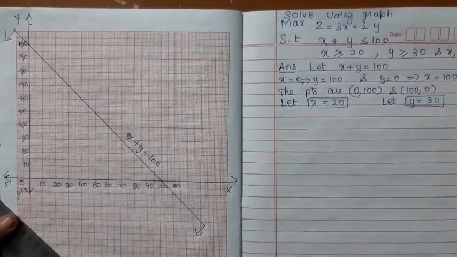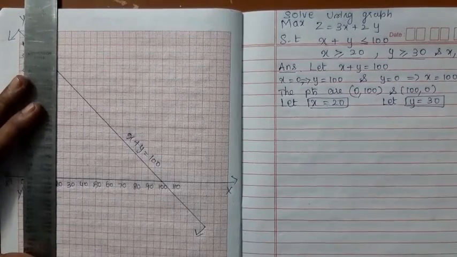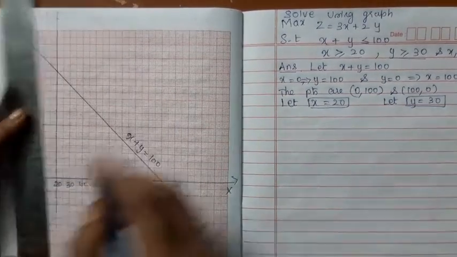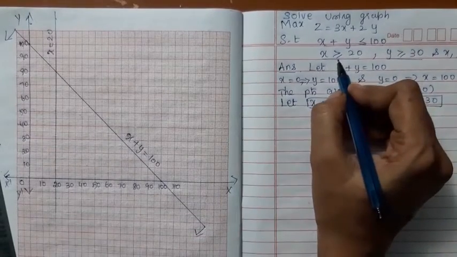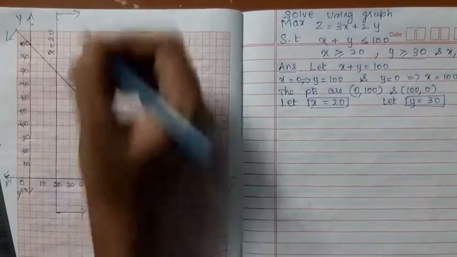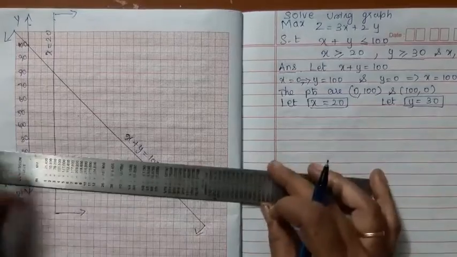The second constraint is x equal to 20. This is the line x equal to 20. Go to the constraint, it says x should be greater than 20. So this is your area. And y equal to 30 is the third constraint.